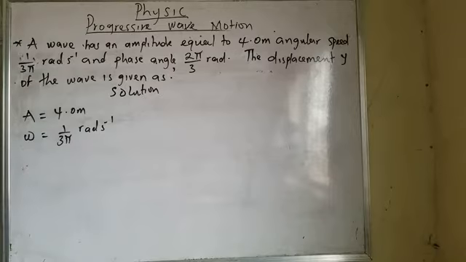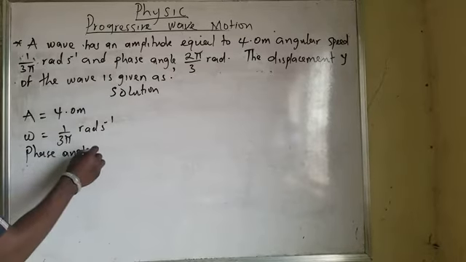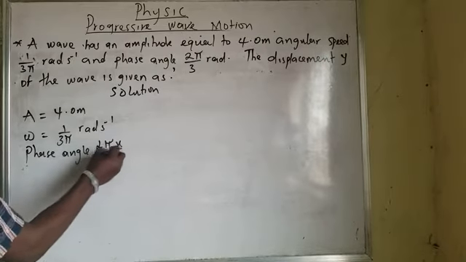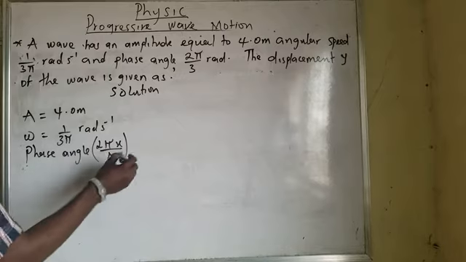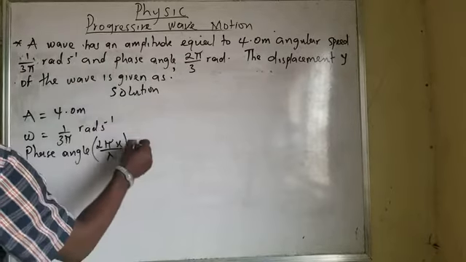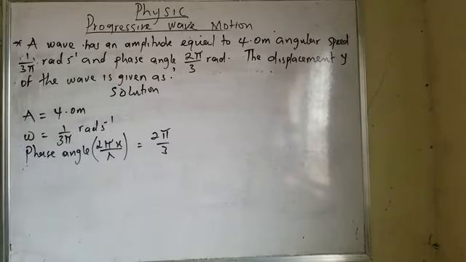My phase angle will be equal to, we already know that, 2 pi x divided by lambda, which is the wavelength, which is given from the problem as 2 pi over 3 rad.